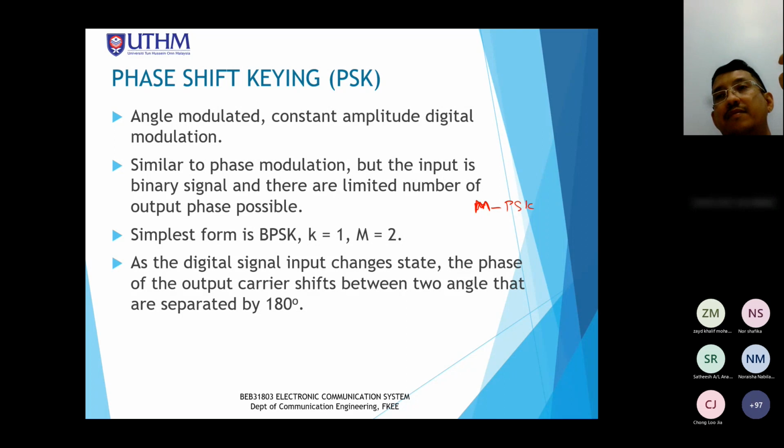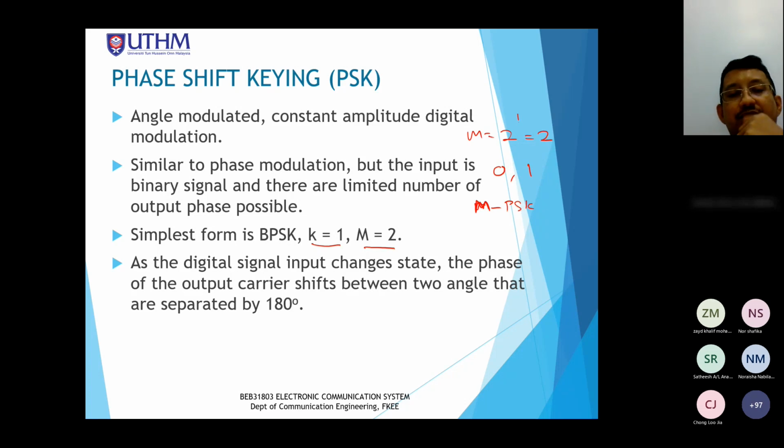So if I use a binary 1 bit, okay, that means M equal to 2 power of 1, which is 2. Okay, that means I only have two possibilities, either logic 0 or logic 1. Okay, so if I'm using 1 bit only, it is called as BPSK, binary phase shift keying. Okay, I'm using 1 bit and I have two possibilities of output, either logic 0 or logic 1.